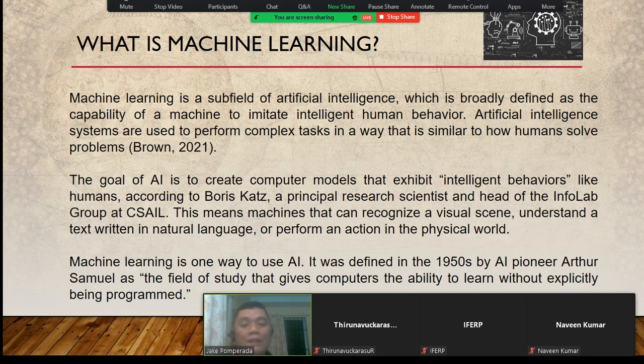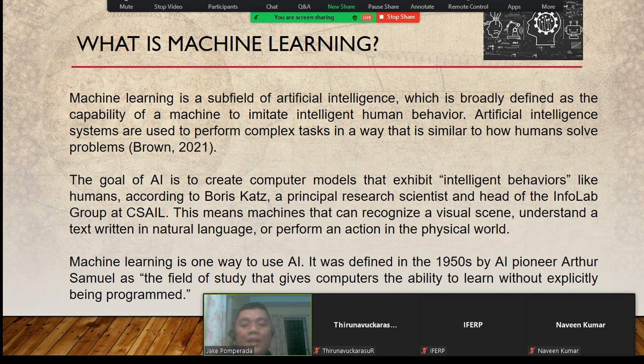Artificial intelligence systems are used to perform complex tasks in a way that is similar to how humans solve problems, according to Brown. Currently, with the evolution of technology and the advancement of computer hardware and software, including algorithms, we are already developing smart systems or information systems, which become an integral part of information technology.